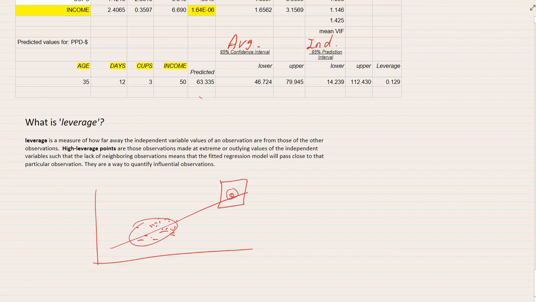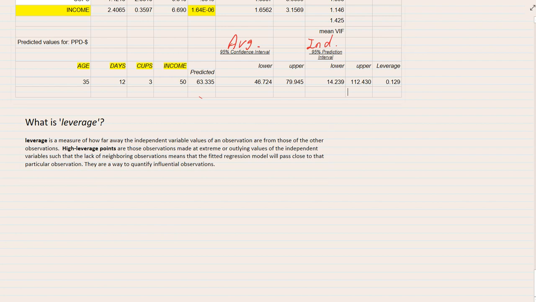So this single individual with these characteristics, this single data point, has a leverage of 0.129. So that means it's not too far from the rest of the group. And that's one way to assess influential observations and decide if an observation is influential or not.